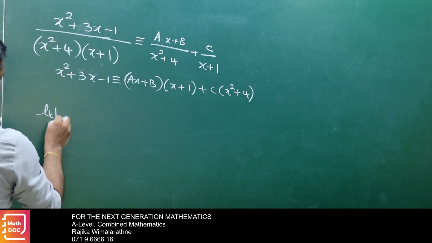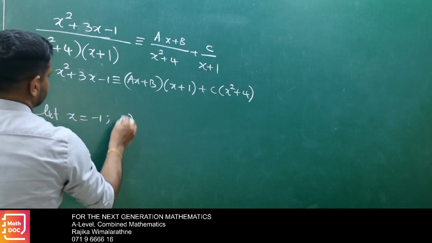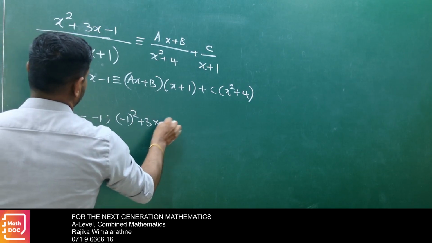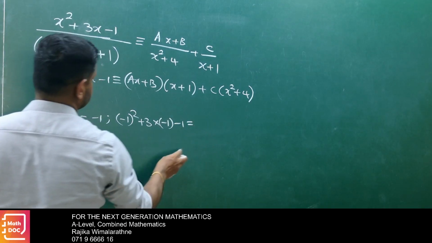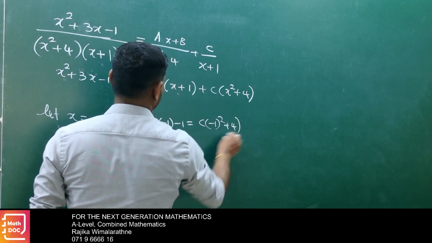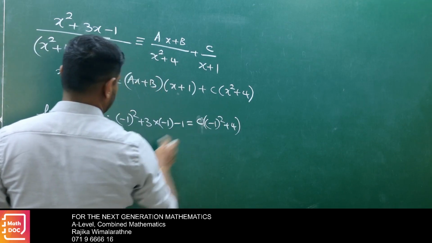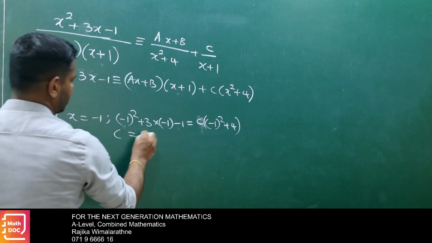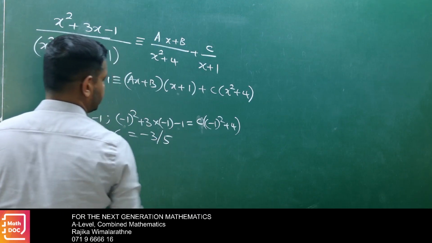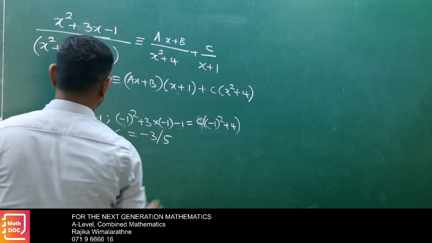Then let x equal minus 1: minus 1 squared, 3 into minus 1, and 0, minus 1 squared plus 4. Then find the c value. Here 1 minus 3 is minus 2, over 5, so c is minus 3 over 5.